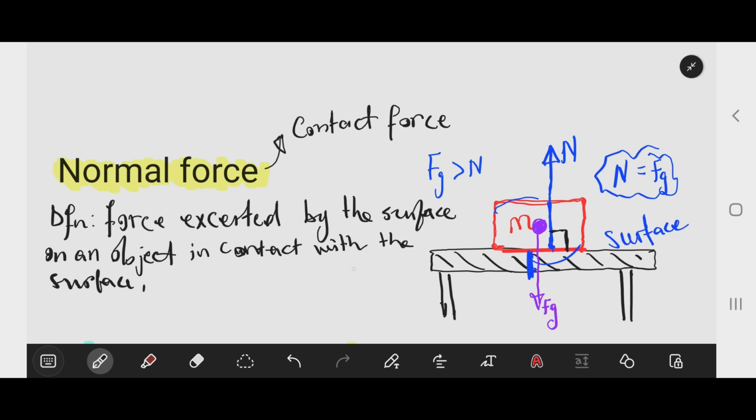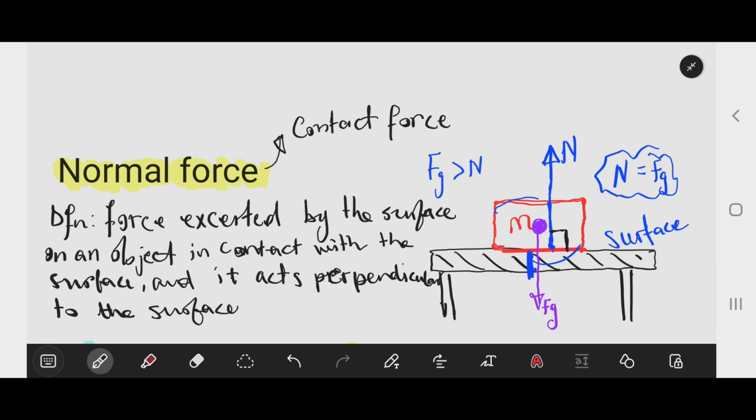The object must be in contact with the surface, and this force acts perpendicular to the surface. Okay, so that is your normal force.